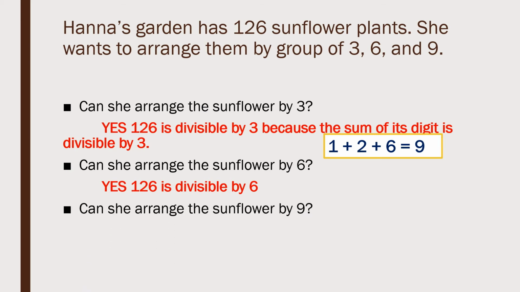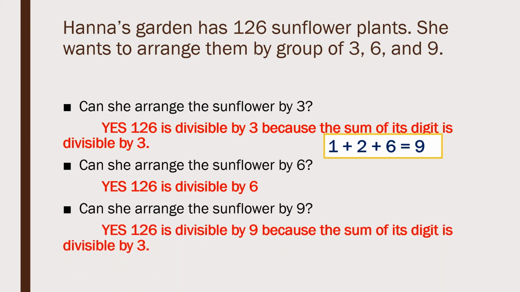Next question. Can she arrange the sunflower by 9? The correct answer is yes. 126 is divisible by 9 because the sum of its digits is 9, and 9 is divisible by 9. Therefore, 126 is divisible by 9.